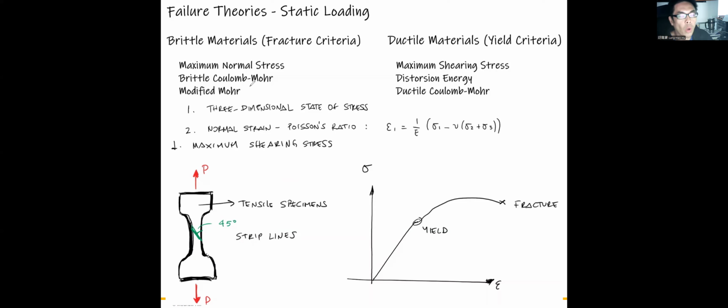It's quite similar to the fracture criteria, but we modify the limit of strength. We still have three methods to evaluate the failure of ductile materials under static loading. The first is the maximum shearing stress, the second is the distortion energy method, and the third is the ductile Coulomb-Mohr criteria.